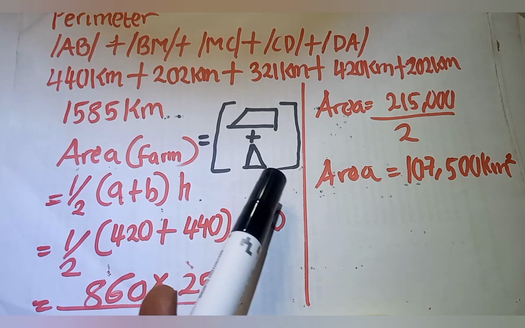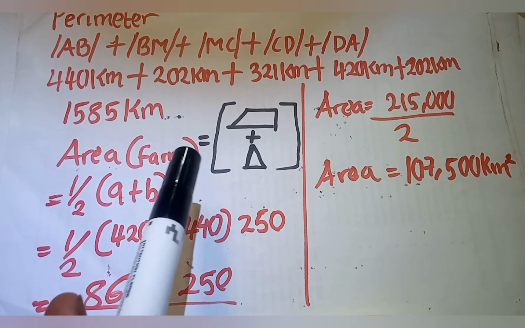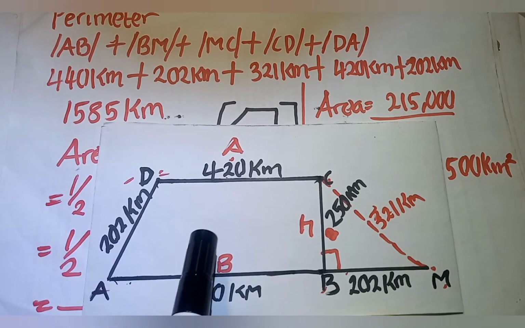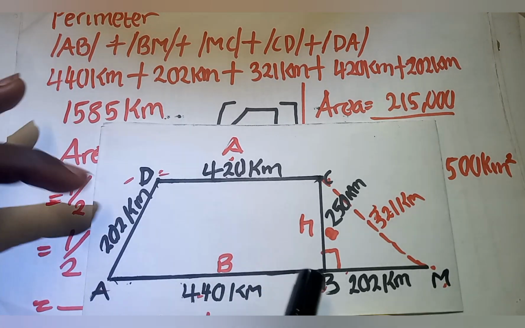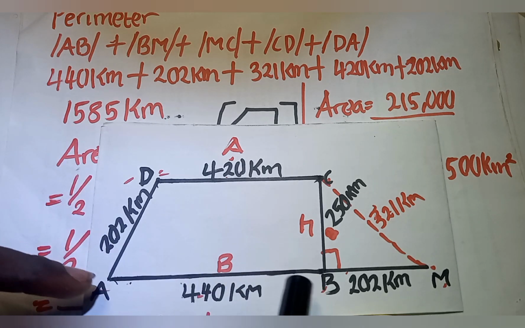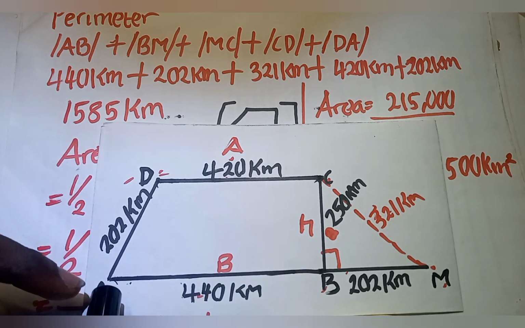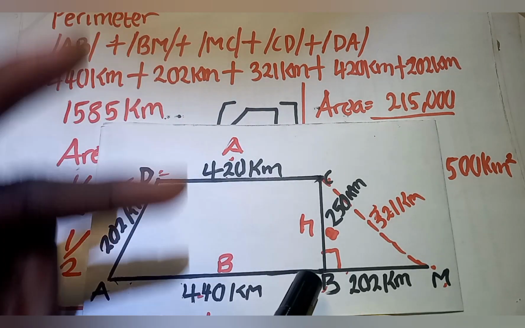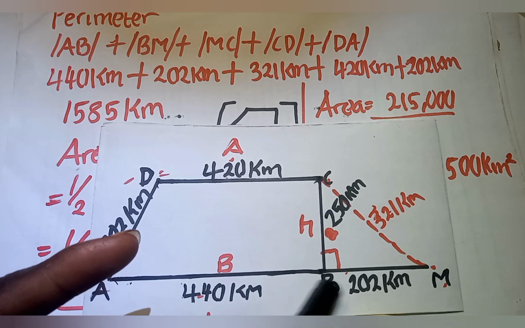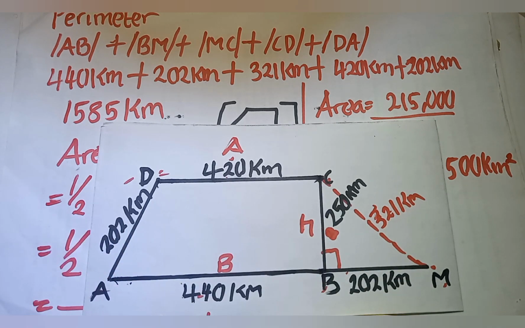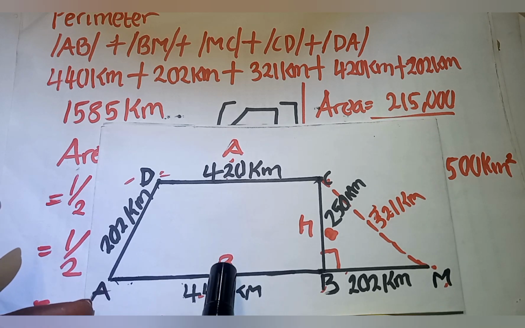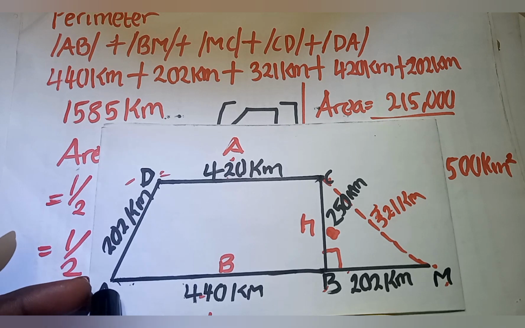If you look at the layout of the farm, you can see that this trapezium ABCD is what I just calculated. Now I'm going to calculate the area of triangle BMC. But if you want to calculate it directly, you can also do it directly, but instead of using your AB as the B of the area of the trapezium, you are going to use your AM.